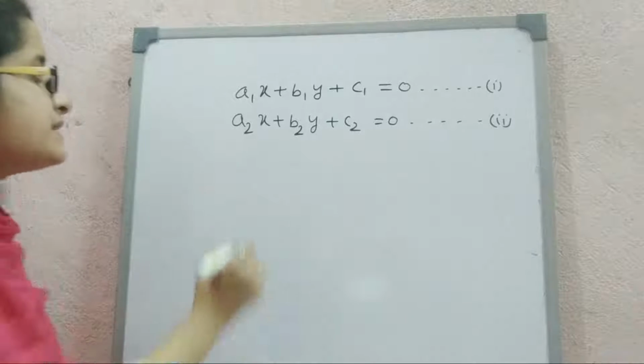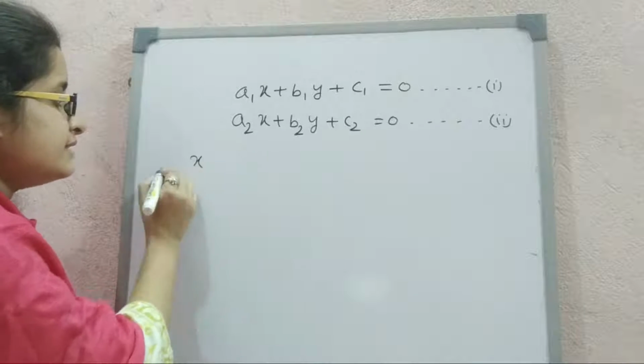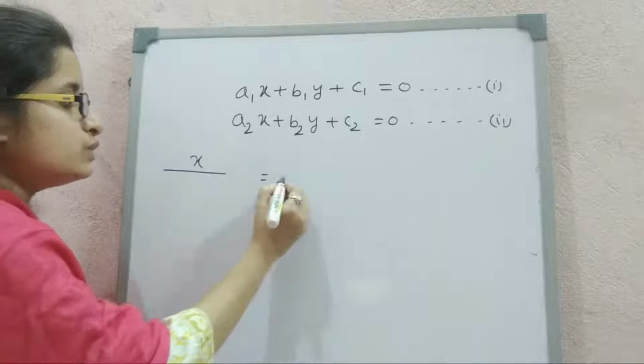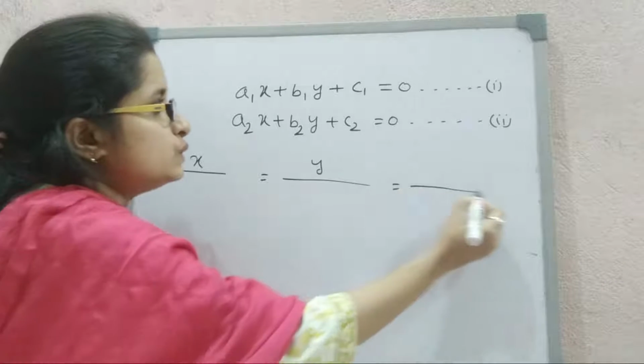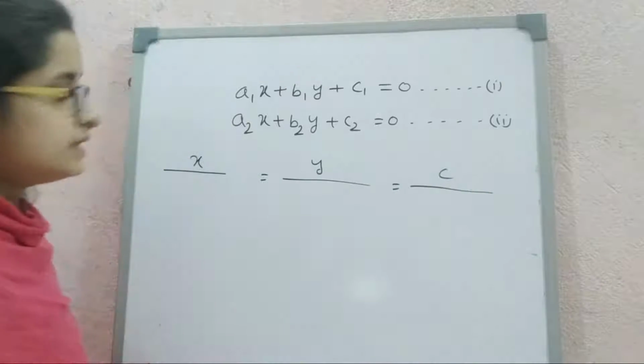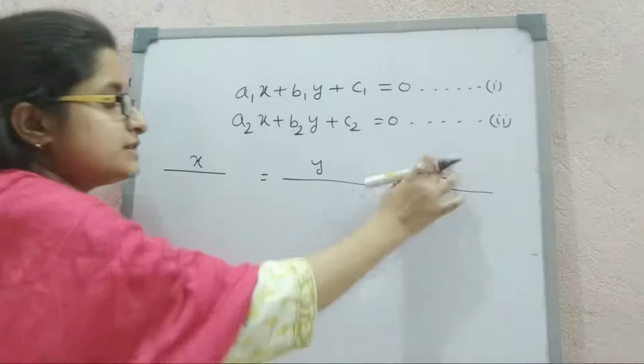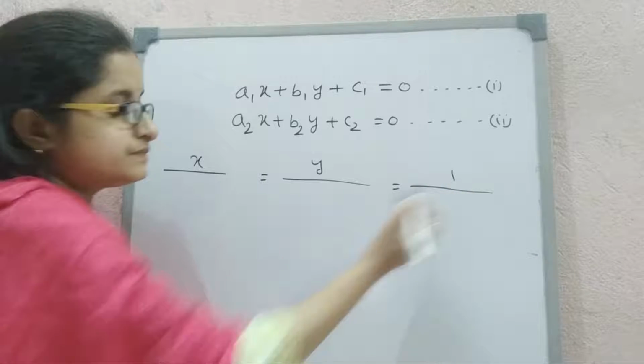We have to write x divided by something is equal to y divided by something is equal to 1 divided by something.